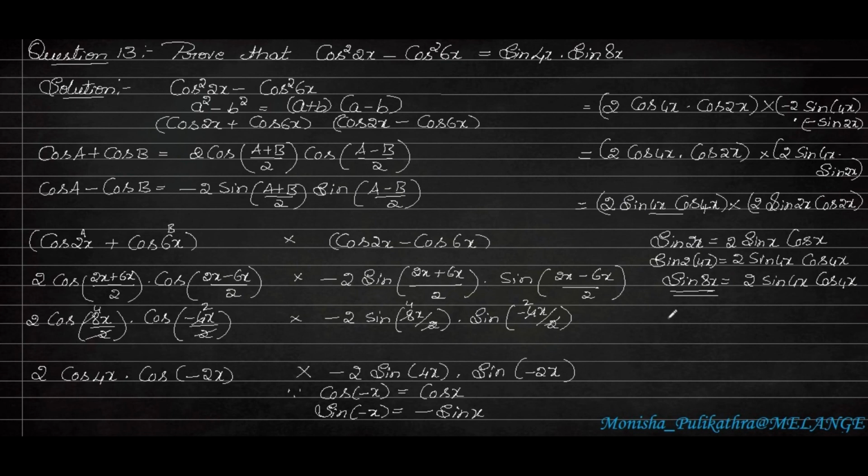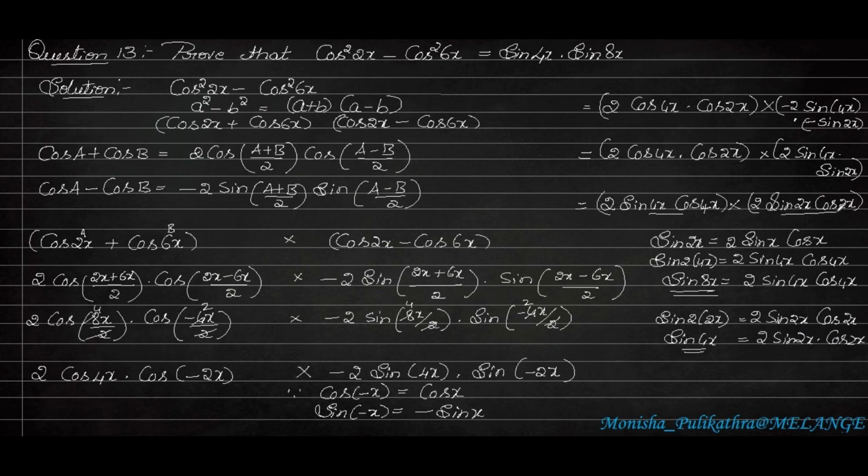In the same way, if we substitute 2x in the place of x, sin 2 into 2x will be 2 sin 2x into cos 2x. Here 2 into 2 is 4, so sin 4x is equal to 2 sin 2x into cos 2x.